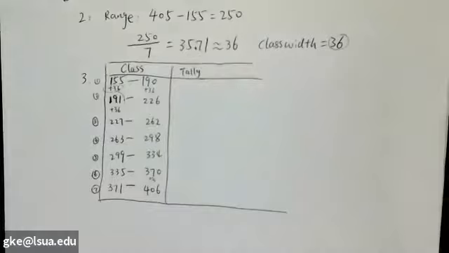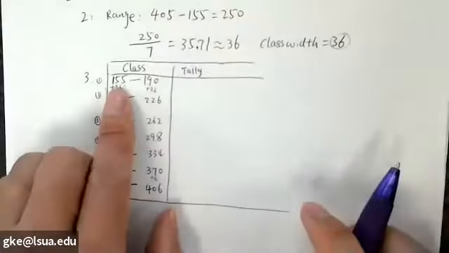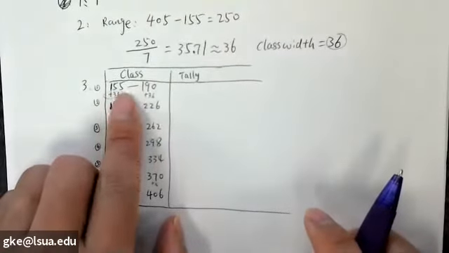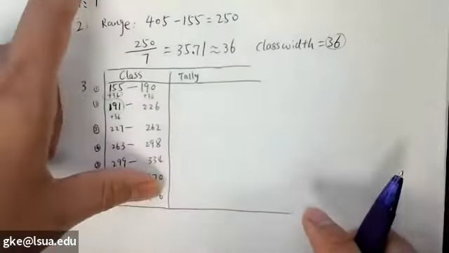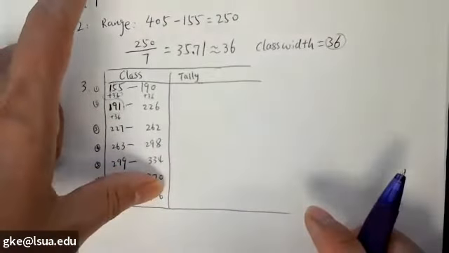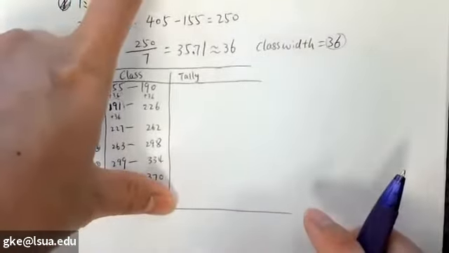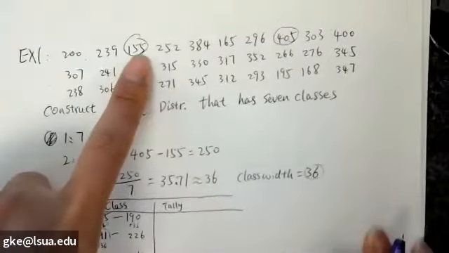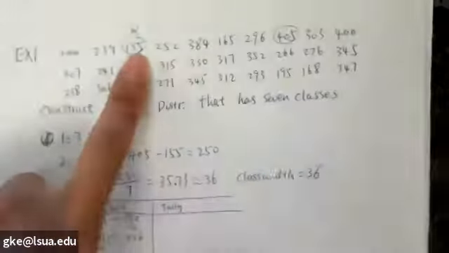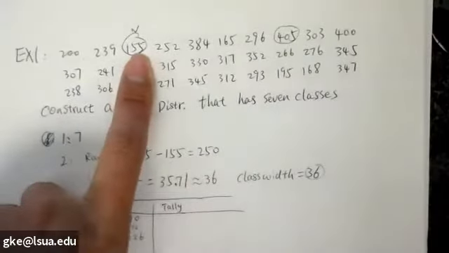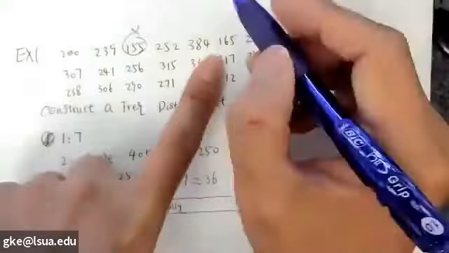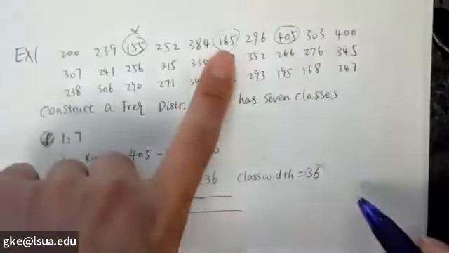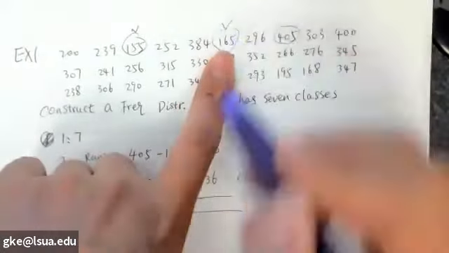So we're going to count how many numbers are between 155 and 190. So let me count it. The first one is going to be 155. And the second one is this one, 165, right?